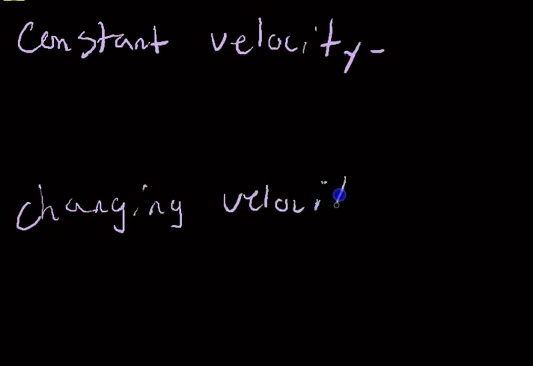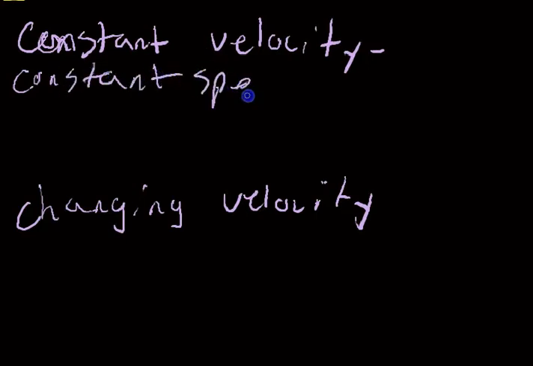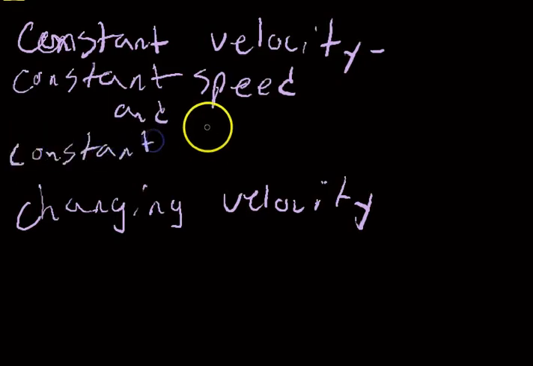Now, in everyday life, you're not going to see constant velocity very much, because the prerequisites for constant velocity are you need to have a constant speed and a constant direction, right?